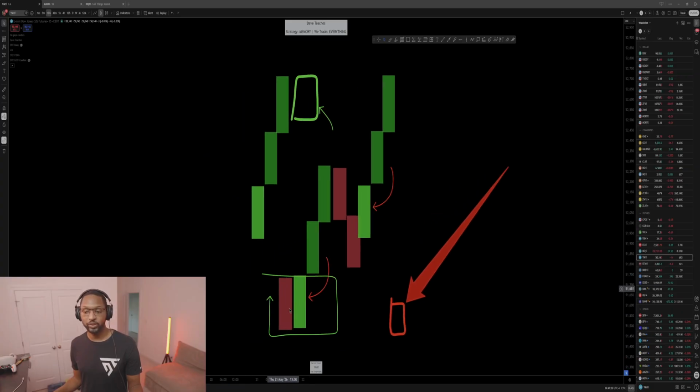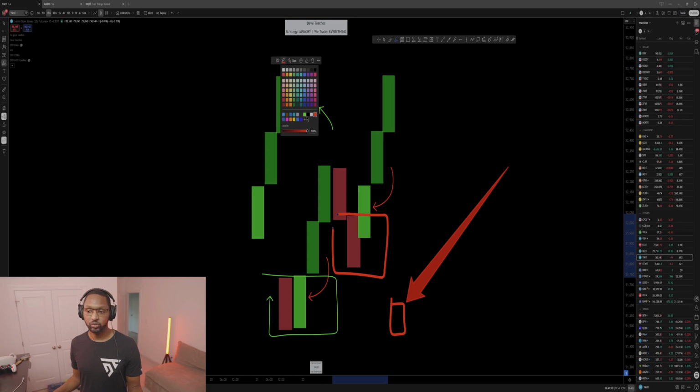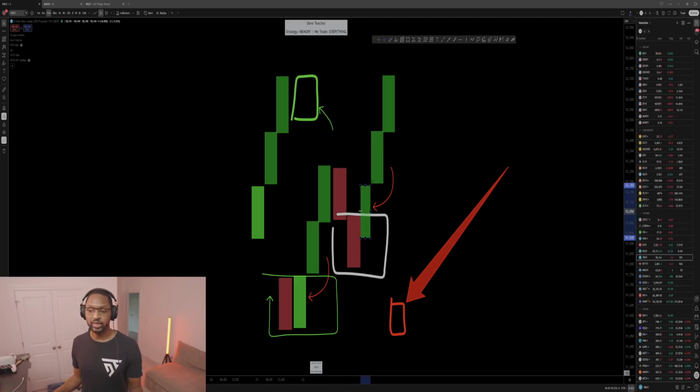So is this down candle right here, is that the lowest down candle? No, it is not the lowest down candle, because there's a down candle that's lower than it, right? And if there's nothing else below this to the left, then this is what's considered our lowest down candle, right?